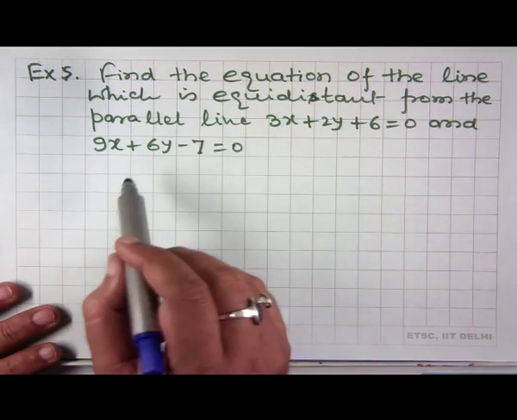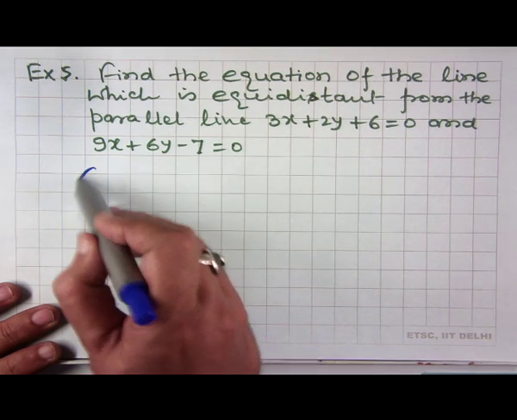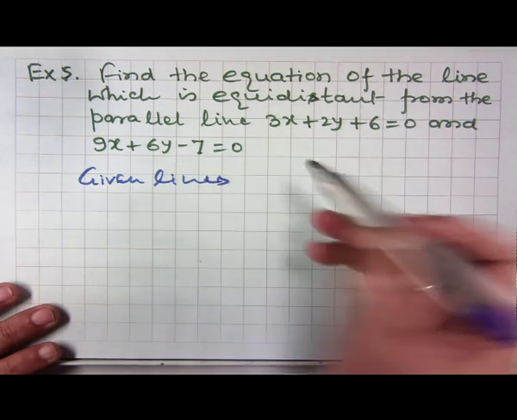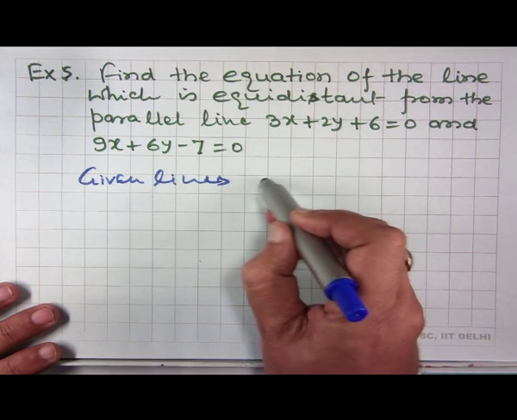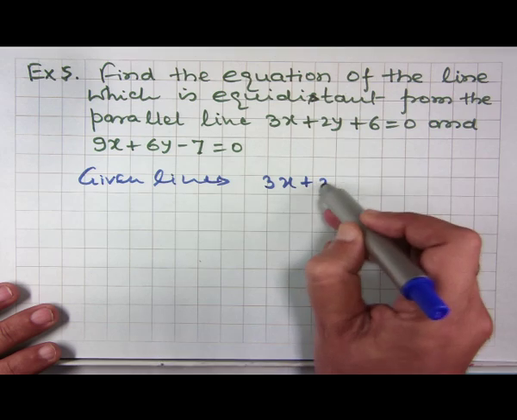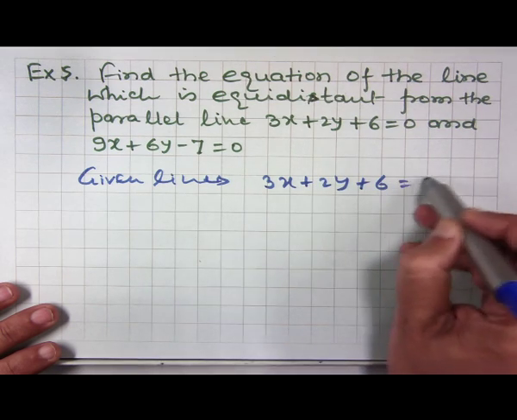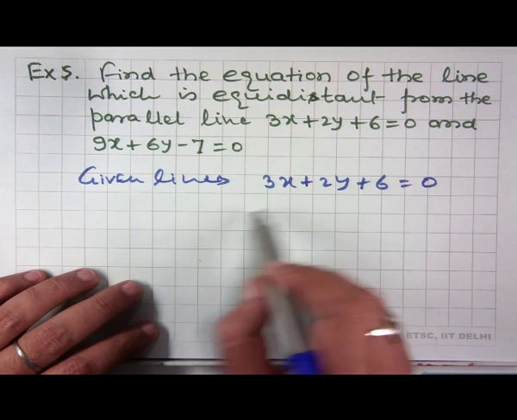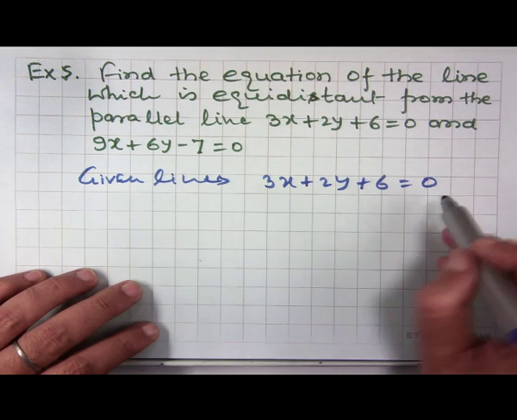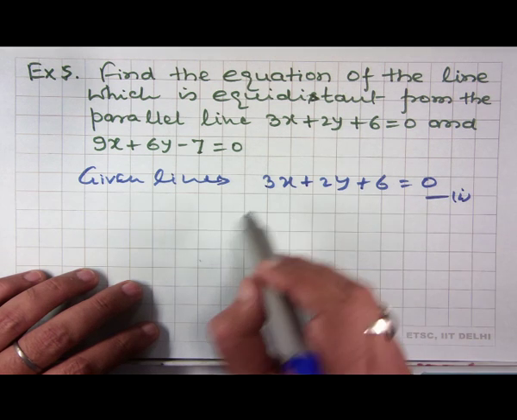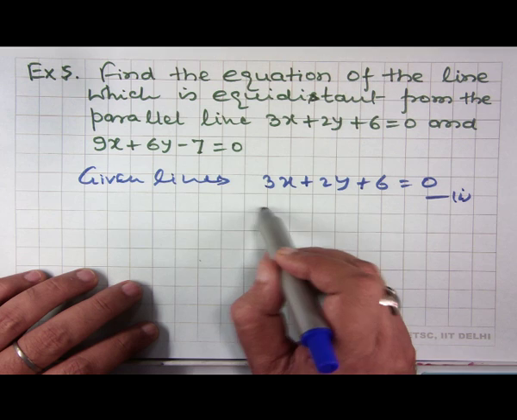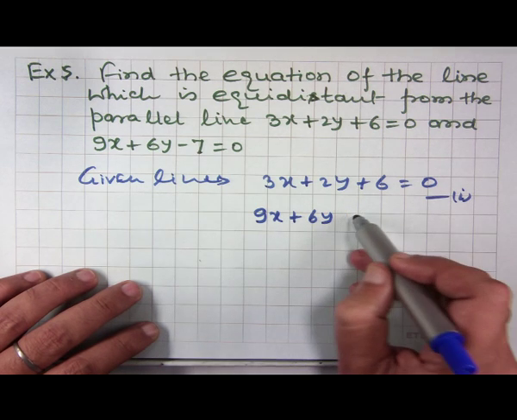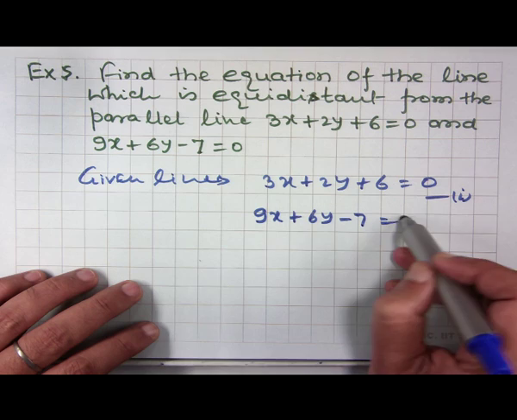So the given lines: the first line is 3x plus 2y plus 6 equal to 0, and the second line is 9x plus 6y minus 7 equal to 0.